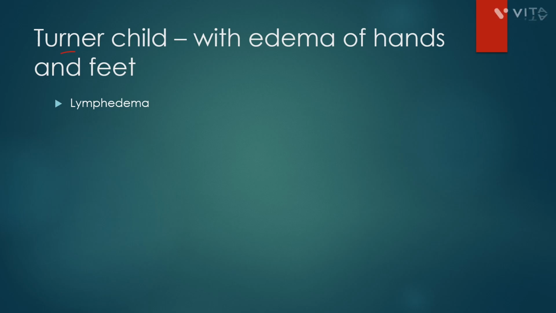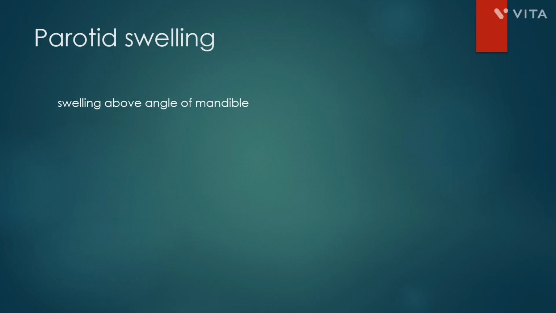Now a child with Turner, where there is webbed neck, widely spaced nipple, with edema of hands and feet. So Turner can have lymphedema, congenital lymphedema, and the option included problem with lymphatic flow, that is lymphedema. Now another description of parotid swelling, where the swelling is above the angle of mandible.